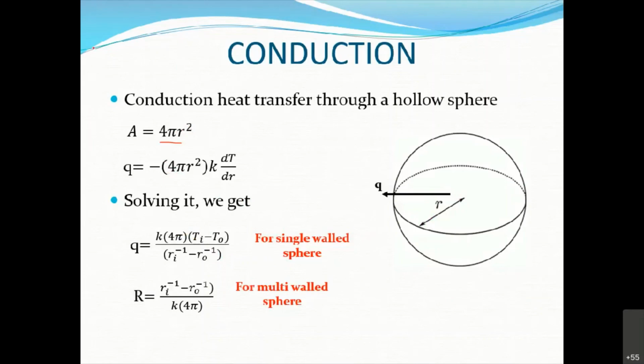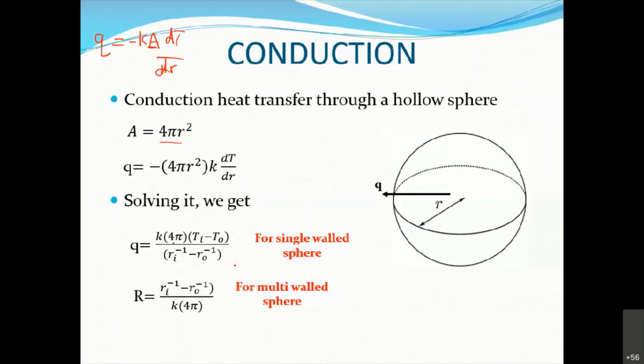Again, the general equation, I just write here, Q is equal to negative K A dT over dr, because we are talking in terms of radius. You substitute the A here with 4 pi r squared, and then you do integration. You'll get an equation like this for a single layer sphere.